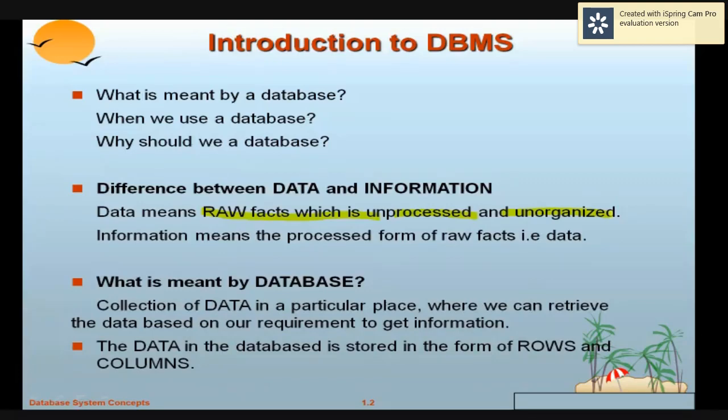This output, which you attain by imposing a formula over a set of values, is called information. Here the information is the average in our example. So information means the processed form of raw facts, that is data.